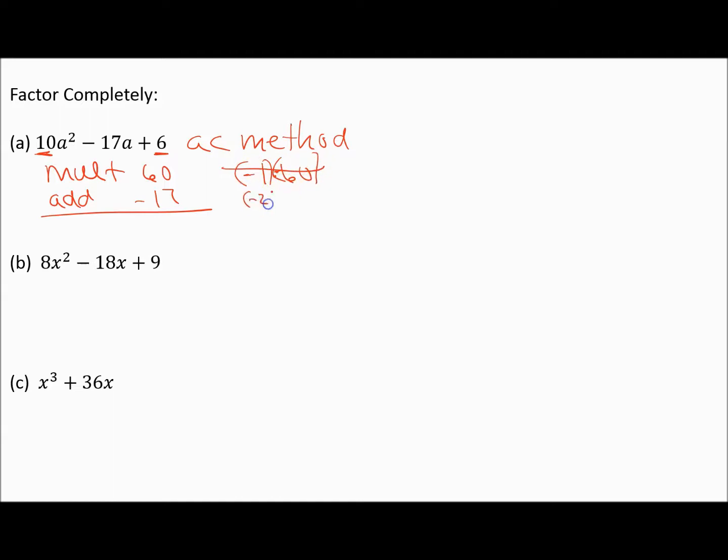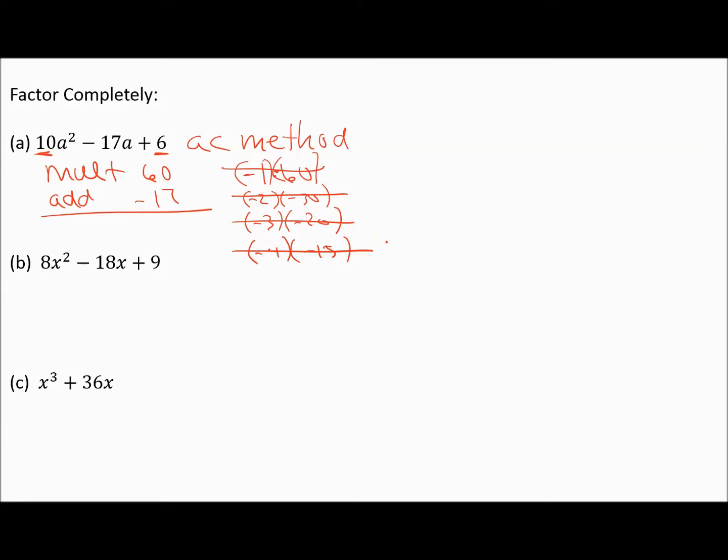Or we could try negative 2 times negative 30, but that adds to be negative 32. Or negative 3 times negative 20, but that adds to be negative 23, so that's out. What about negative 4 times negative 15? That adds to be negative 19.